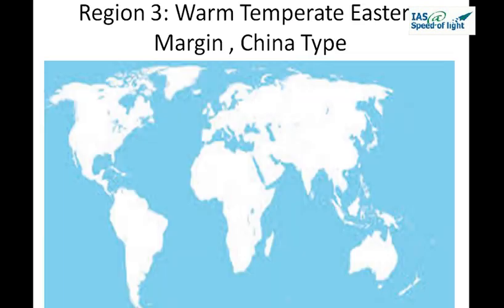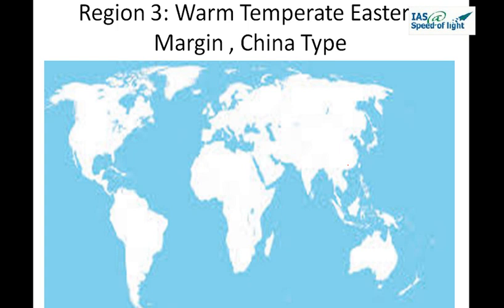Now coming to the third region, which is the warm temperate eastern margin. Starting from the western margin, which was the Mediterranean region, and the interiors of the continent, which are the temperate grasslands or steppes, now the eastern margin, which is the China type. Let's mark this region.